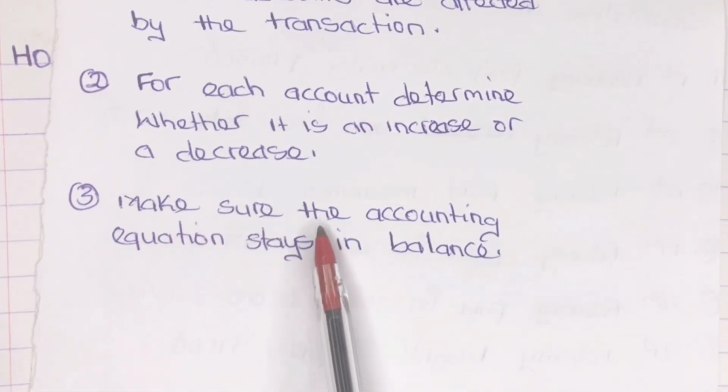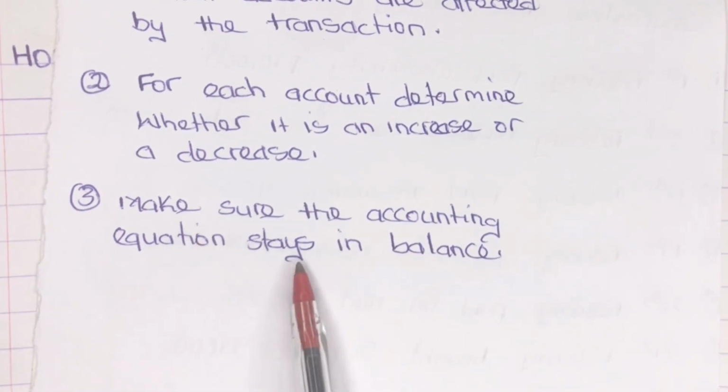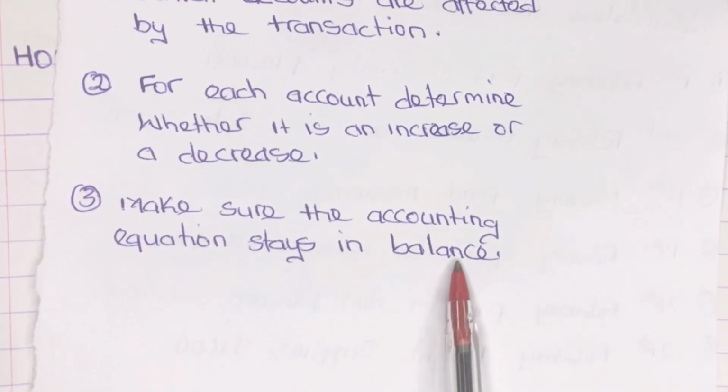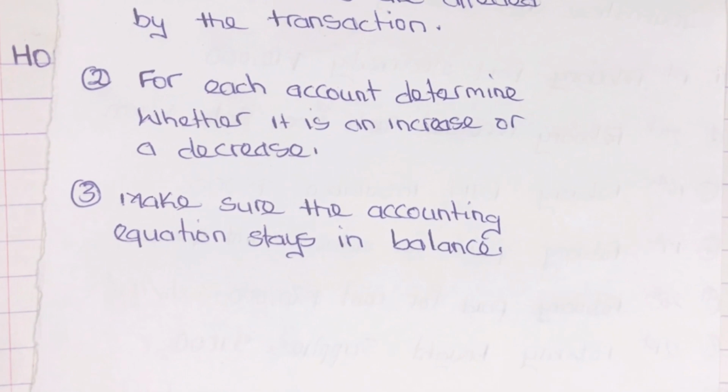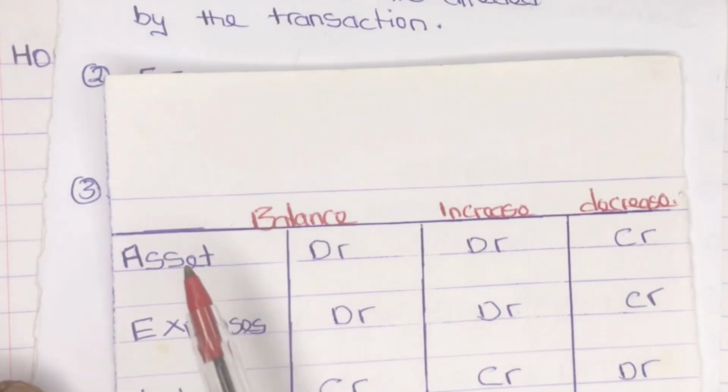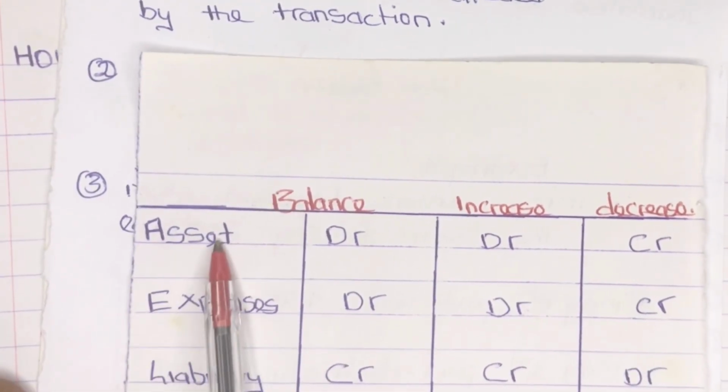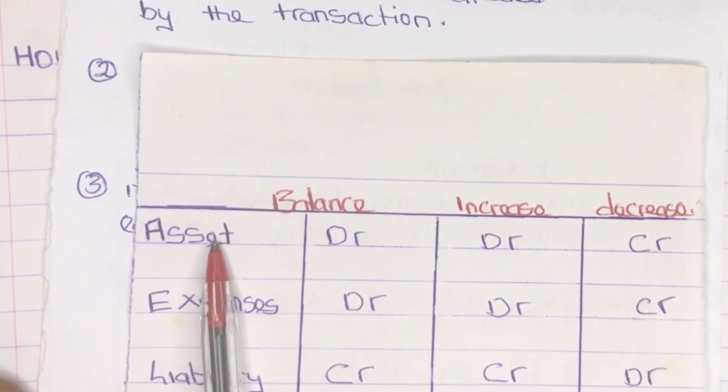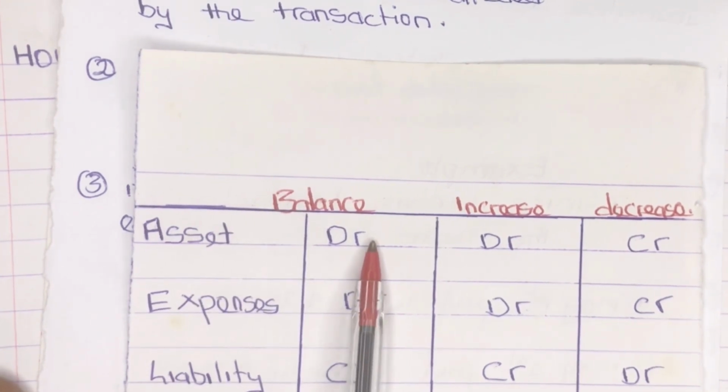make sure the accounting equation stays in balance. So you need to understand the double entry principle, which says the debit side must be equal to the credit side. So if you have the assets account, you bought assets. Say you bought the asset for $5,000.